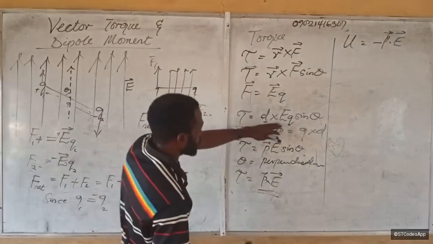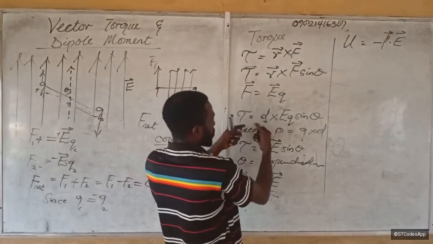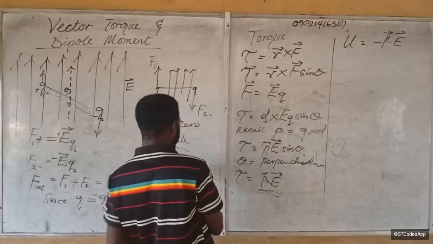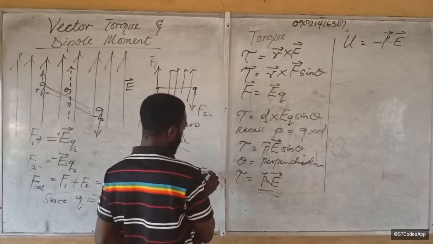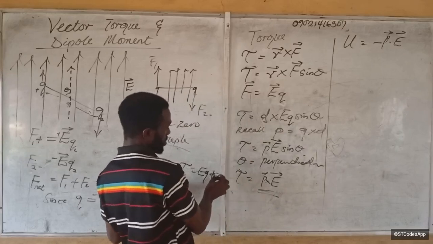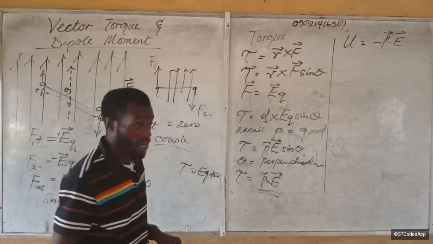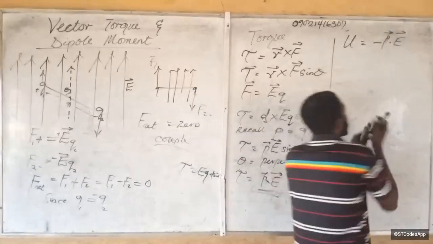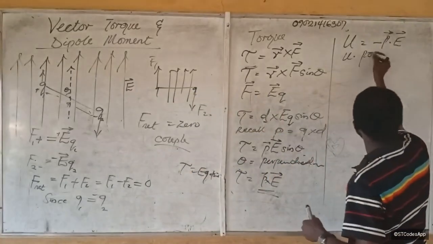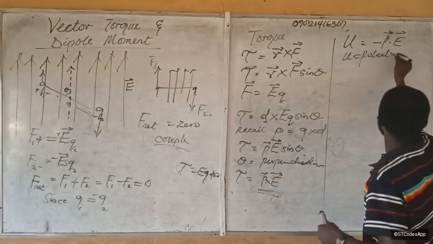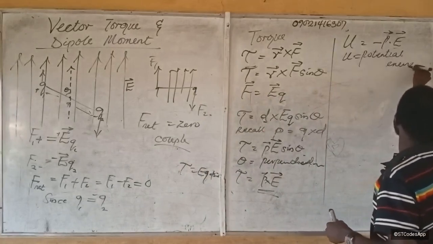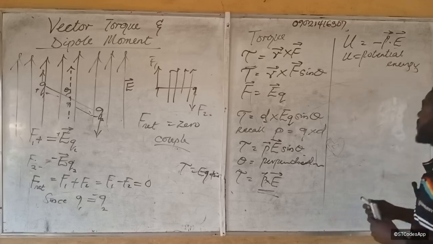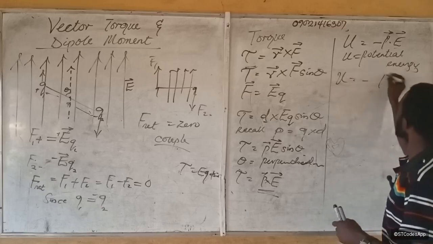Even though I can represent torque in scalar form, that will be torque tau equals QE sin theta, in case you have seen that in your textbook before. But keep in mind that this one is potential energy, where U is potential energy. Now, our U is negative P dot E.